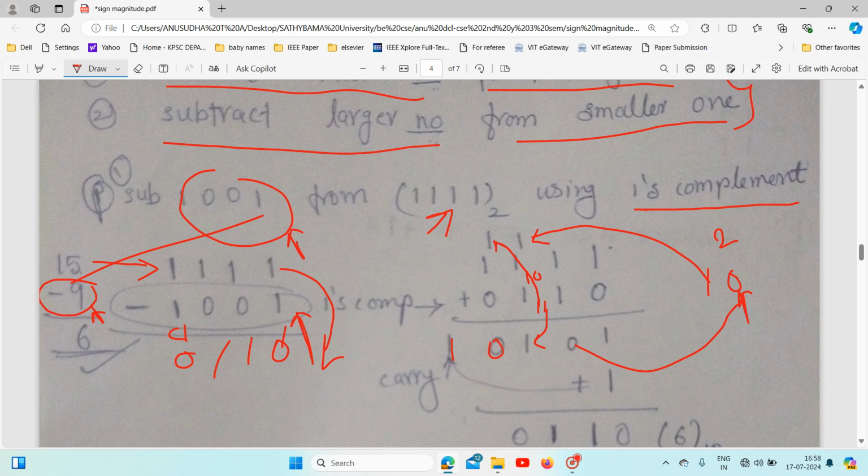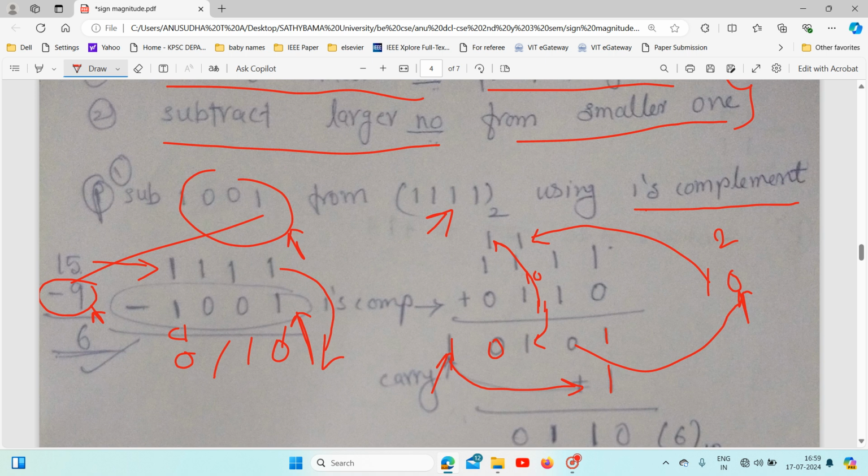1 plus 1, the result is 1, 0. Then what should we do in the ones complement method? If you are getting an extra carry bit, this is the rule in ones complement: you have to add that extra carry bit to the LSB of the result.